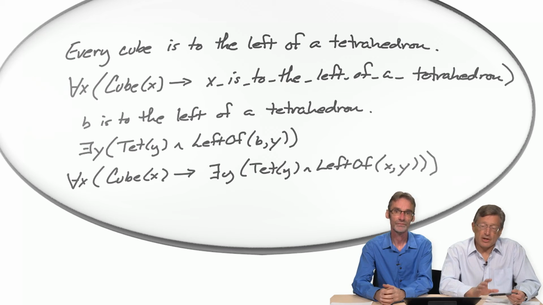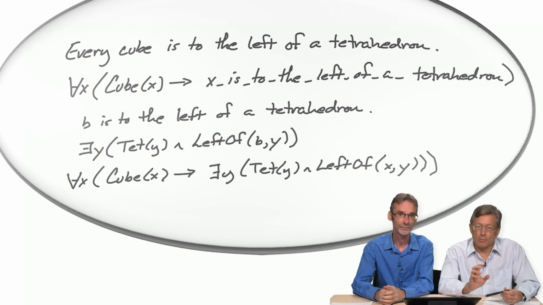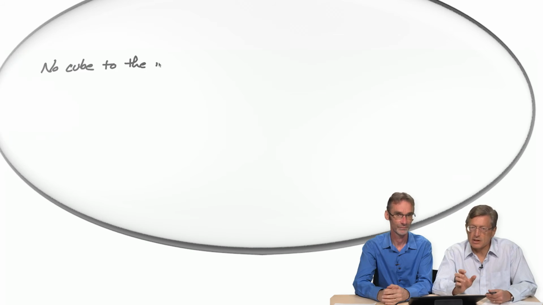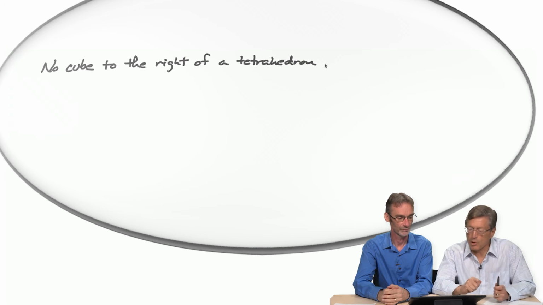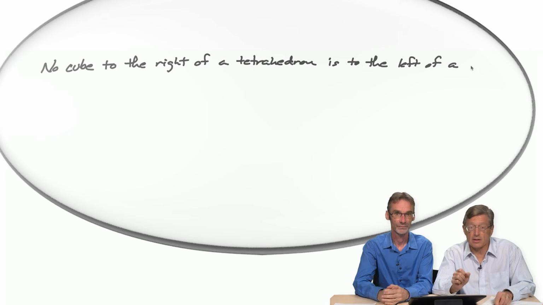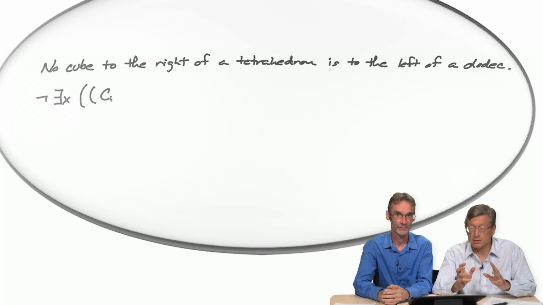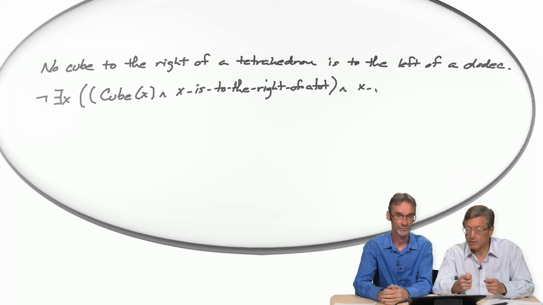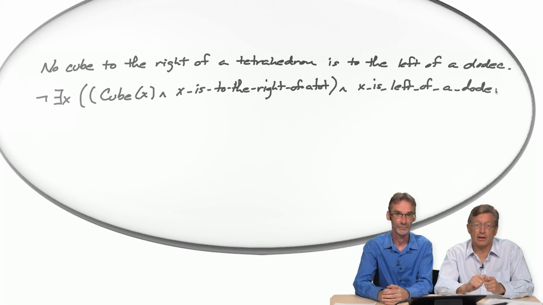Okay, now we can actually show how the strategy works with an even more complex sentence. So let's try that. Okay, so this sentence is of a negated existential form, which I chose to translate as, there's no cube which has some property, x is to the right of a tet, and which also has some other property, x is to the left of a dodec.